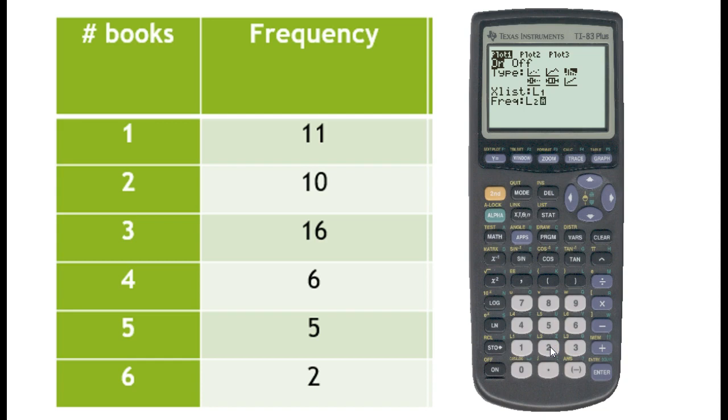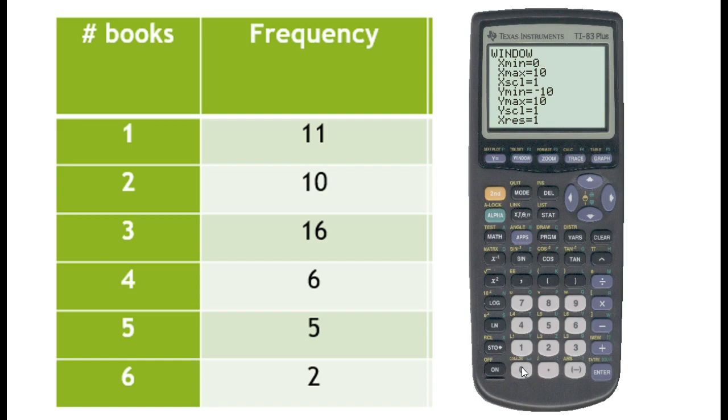So that's all set. The last thing we need to do is adjust our window. The window is what we see. So we're going to hit the window button. We're going to fix this. Our X minimum, so our number of books, let's clear that out and let's start it at 0.